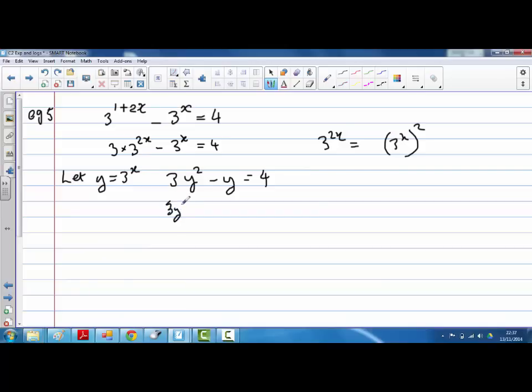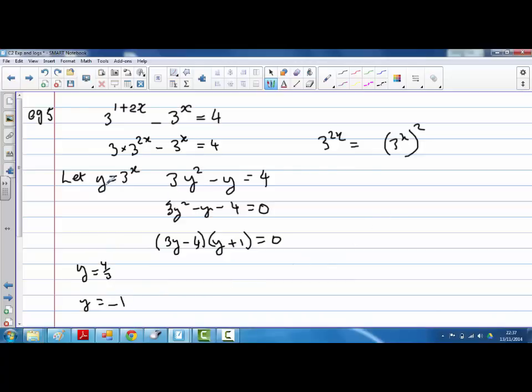So we've got 3y squared, take away y, take away 4 equals 0. We can now factorize the quadratic. So you've got (3y - 4)(y + 1), and so therefore we have y equals 4 over 3, y equals minus 1.